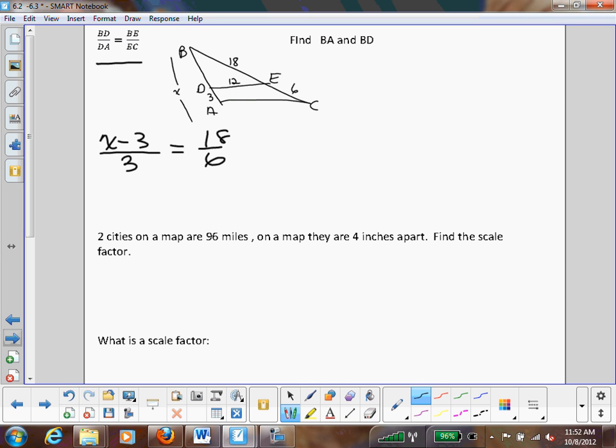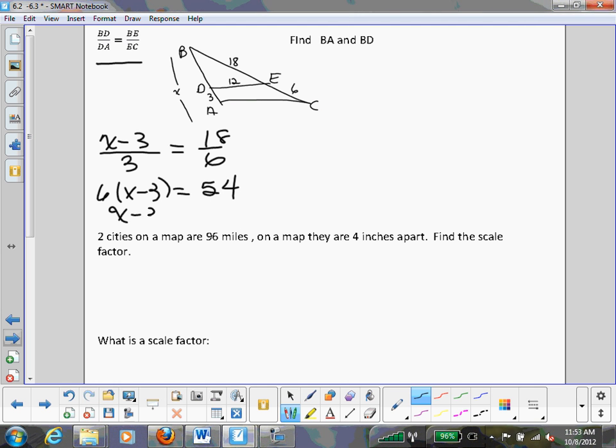All right, so cross multiplying and solving for both BA and BD means that 6 times X minus 3 is equal to 54. I can do one of two things. One will make my life easier than another. I would divide by 6 instead of doing what? Yes.